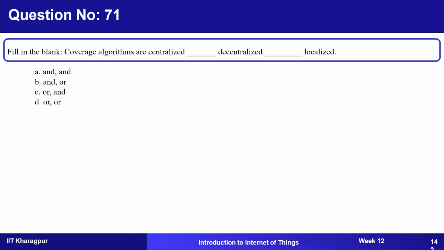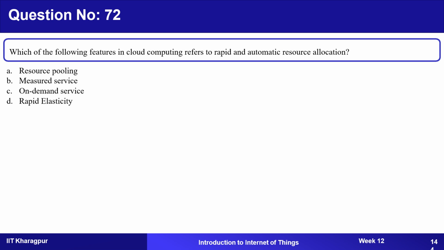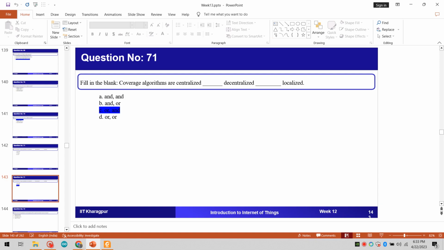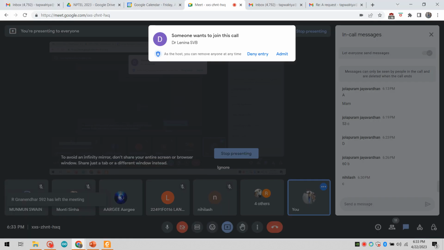Correct is C. Basically, your coverage algorithms can be either centralized or decentralized, but they should be localized. It is not necessary that they be centralized or decentralized at the same time, but they should be localized.